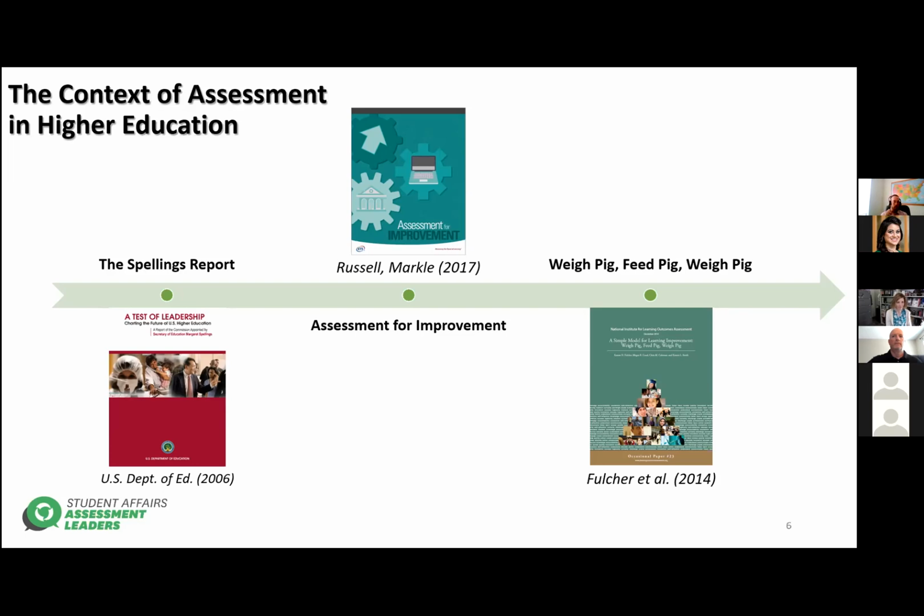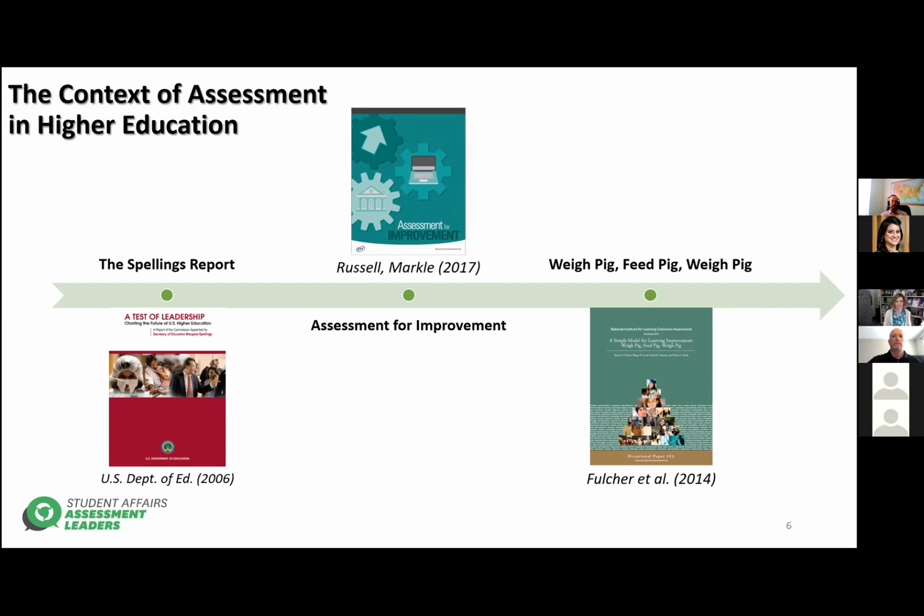One of the things particularly called out by the Spellings Commission was a true lack of learning outcomes assessment. We didn't have any grasp of what students learned in higher ed. We just assumed that colleges and universities were really smart, those were smart people, so students must be smarter when they get out of there.